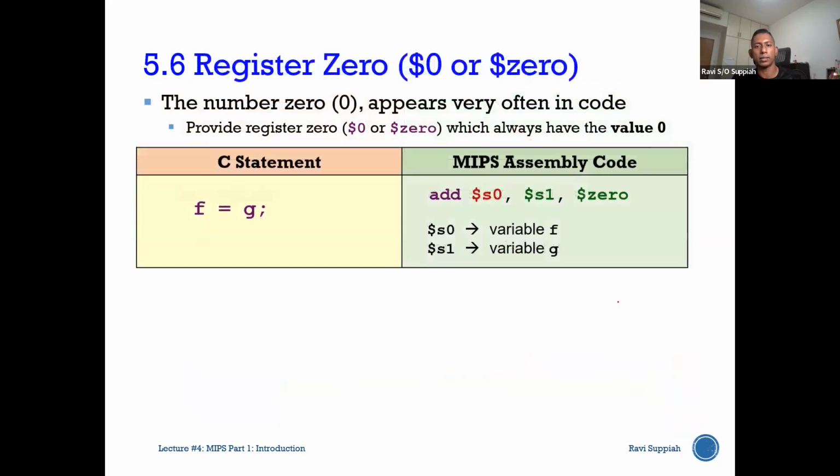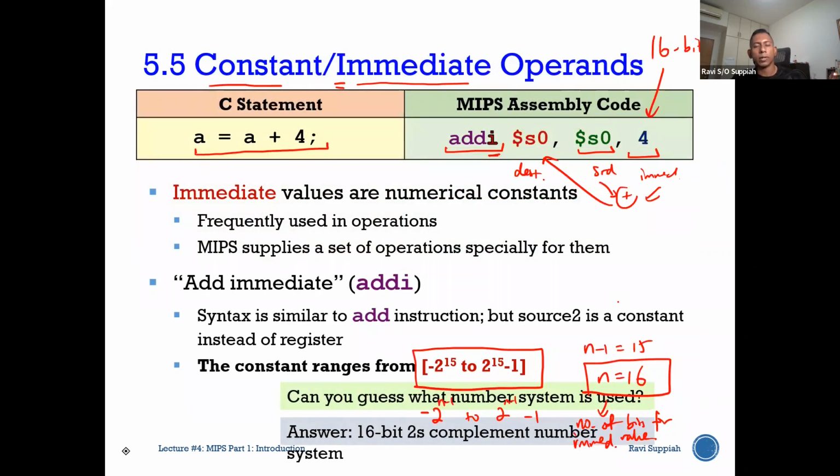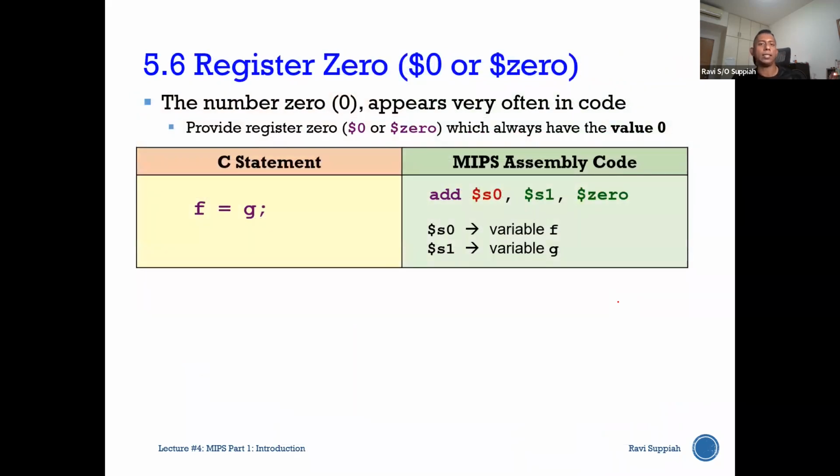So let's come back here. Now, we look at the add instruction, then the addi instruction. Now let's look at the 0 register. Just now I mentioned that we have a register 0, and basically register 0 only has a value of 0, nothing else.